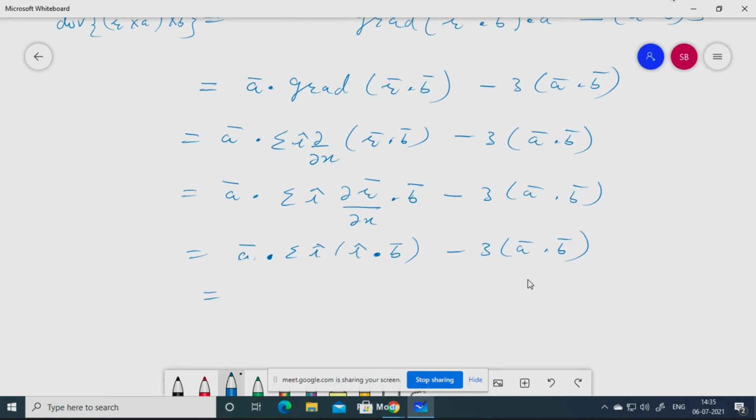Okay, so overall this result will be nothing but A bar dot B bar, minus 3 times of A bar dot B bar. So overall this is minus 2 times of A bar dot B bar. This is what we are supposed to prove. Understood all of you?